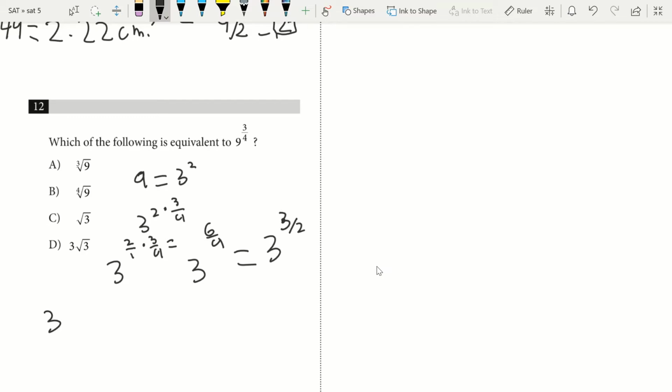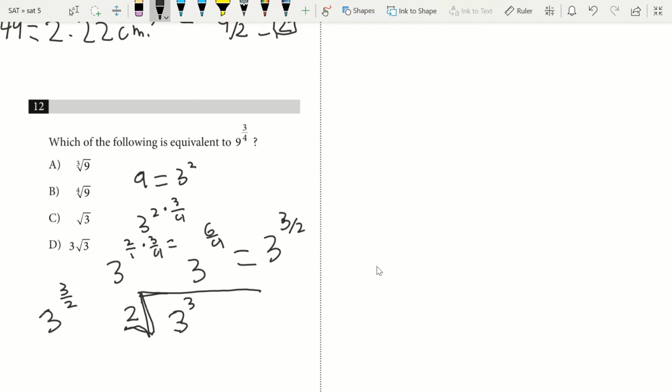Now when you have a base to the power of a fraction, your denominator is going to be what root you are, right? So in this case, our denominator is 2, so we're going to have the square root of 3 to the power of 3, because your numerator is what goes in our root box, right?